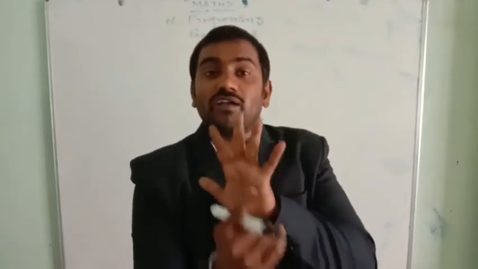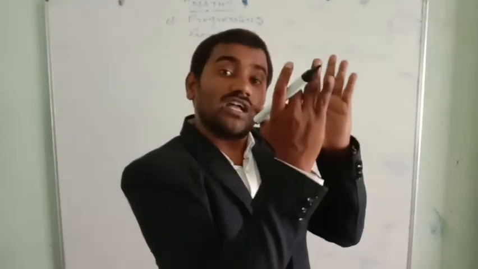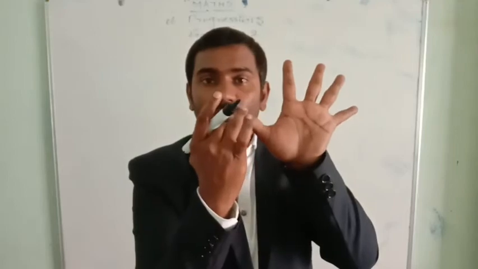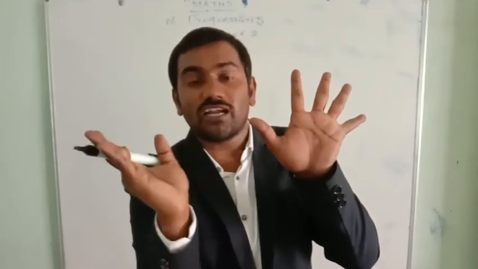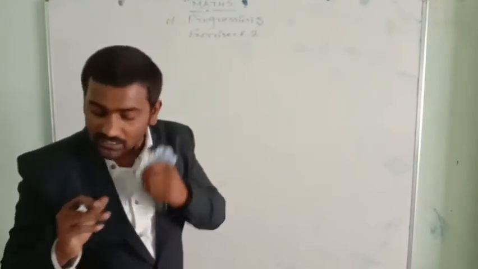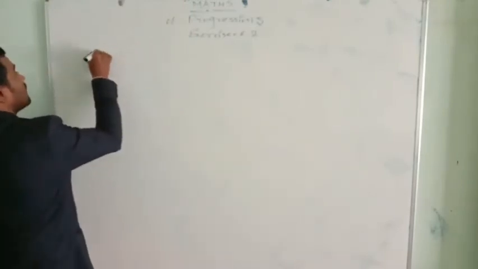Normally the mistake is that we don't count the last term, but we need to count the last one also. Or else you can do 1, 2, 3, 4 plus 1 to get the 5th term. So remember that.